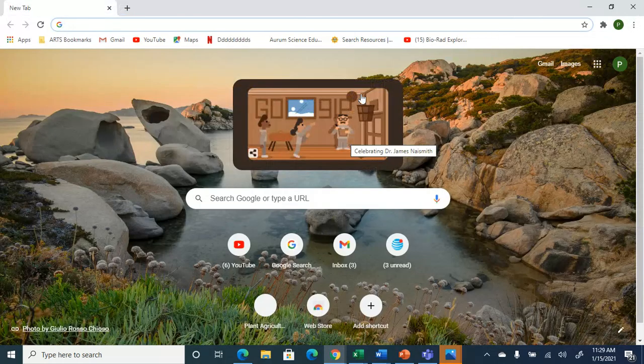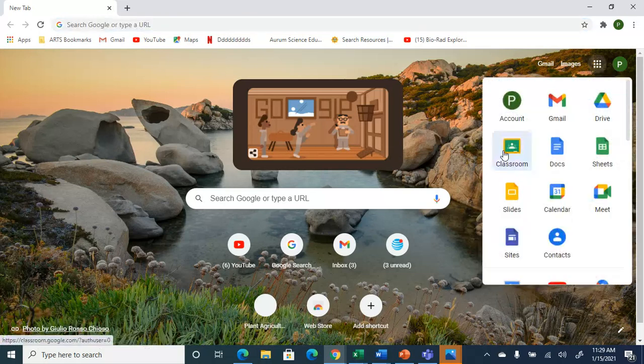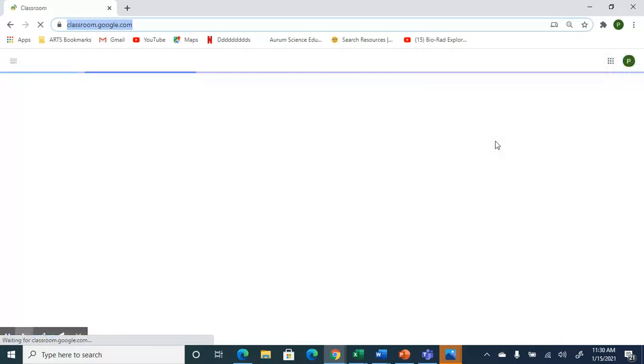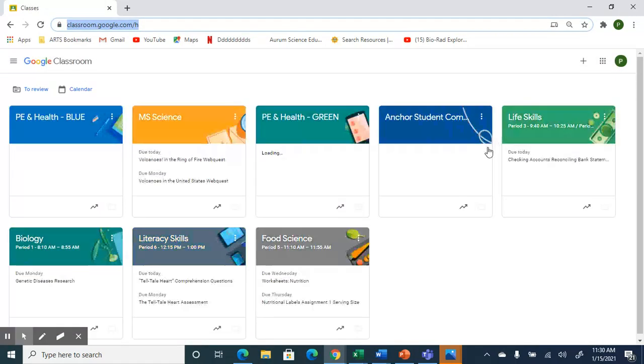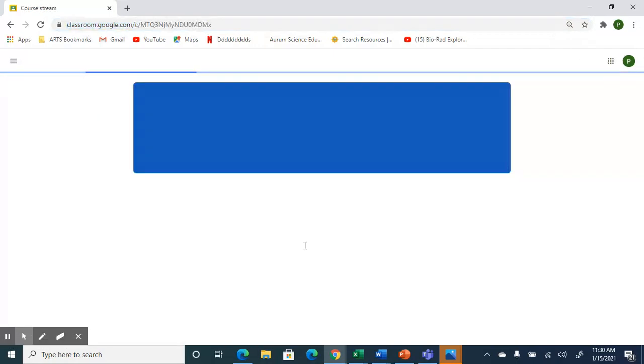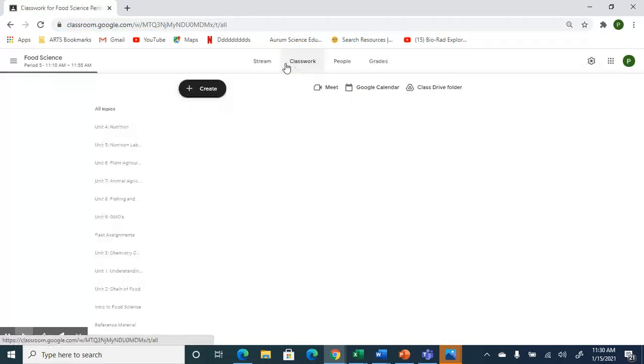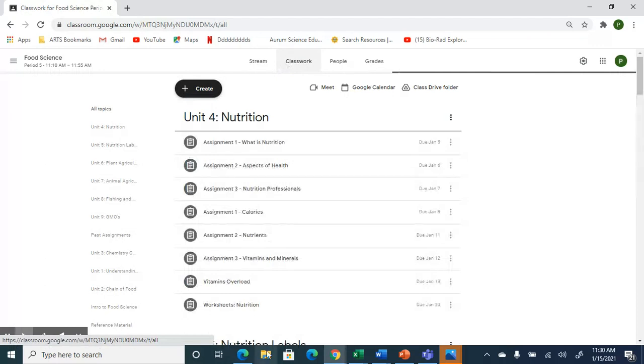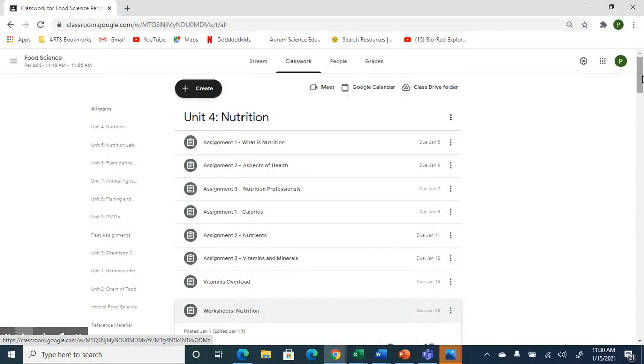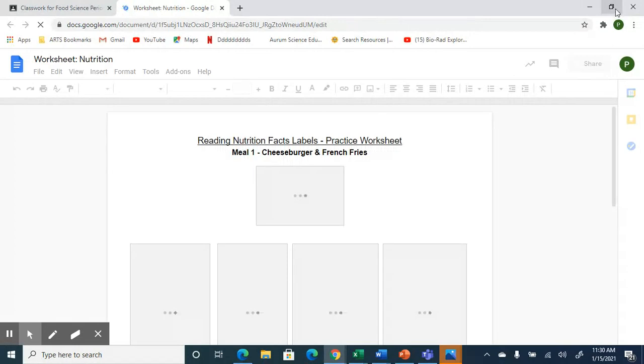Ah, there it is. It was hiding from me. All right, worksheet. There we go.